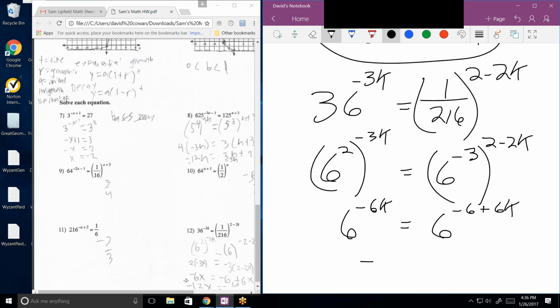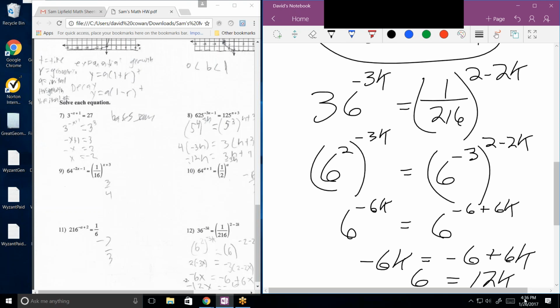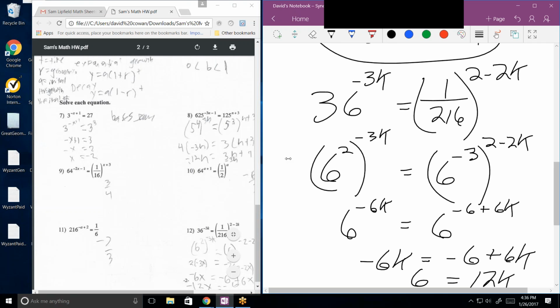Negative 6k equals negative 6 minus 6k. Again, simple algebra problem. End up with 12k equals 6, k equals 1/2. Right. Okay.